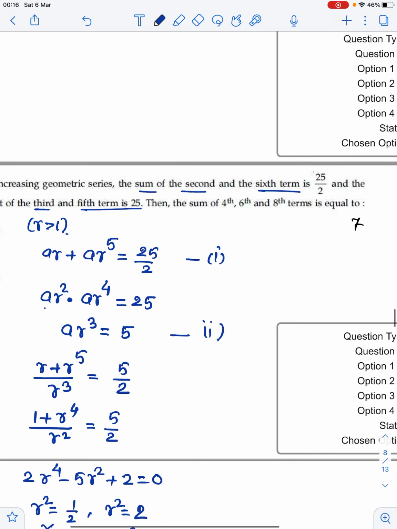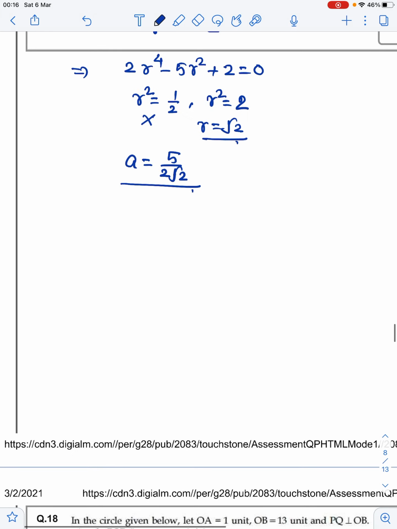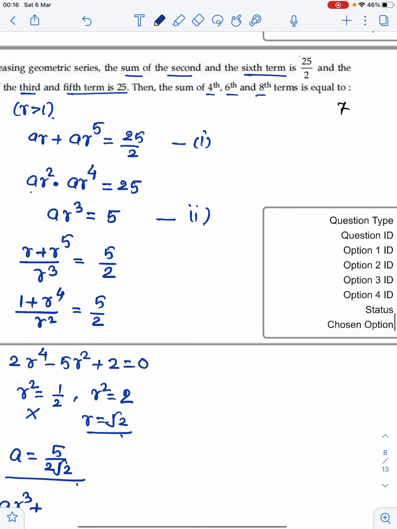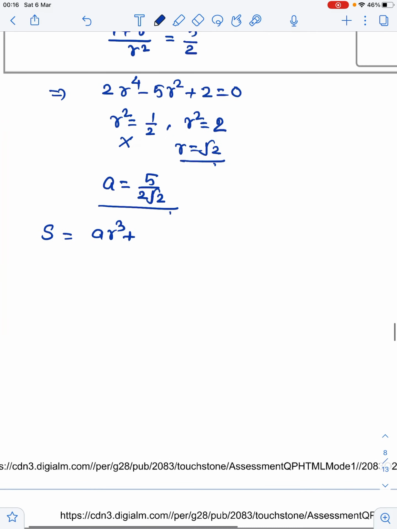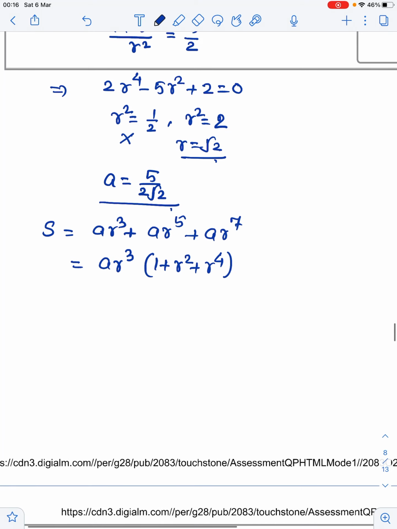We have got R, we have got A. Now let us see what they are asking. They are asking to find the sum of the 4th, 6th and 8th terms. So the summation of the 4th term AR cube, the 6th and the 8th term. Here clearly we can take AR cube common, inside 1 plus R square plus R power 4.